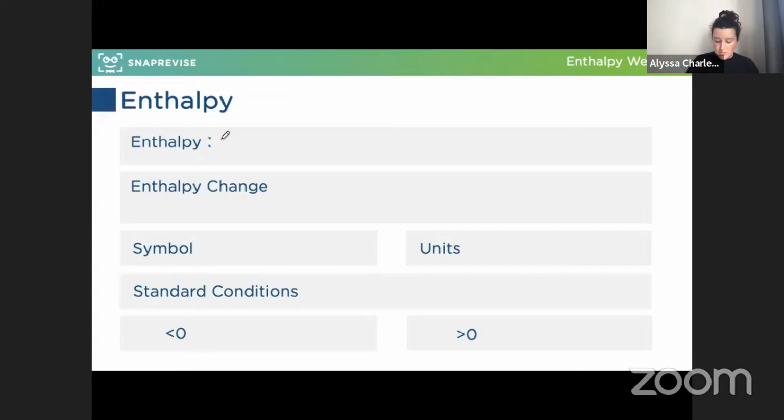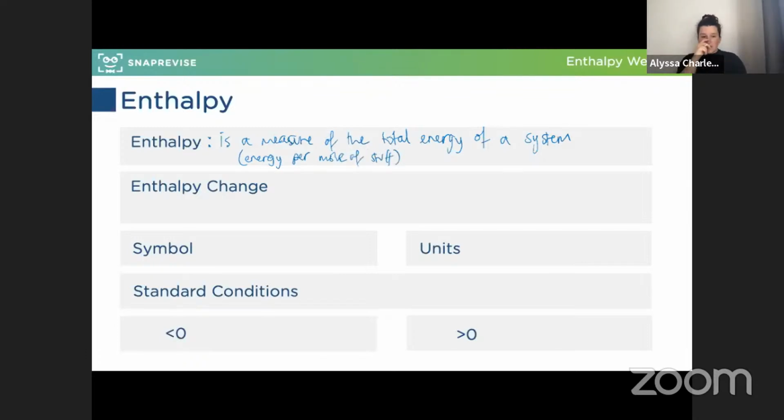Okay, so enthalpy is a measure of the total energy of a system. And our units, we'll come to actual units in a second, but it's energy per mole of substance, per mole of stuff. So an enthalpy change is the transfer between the system and surroundings.